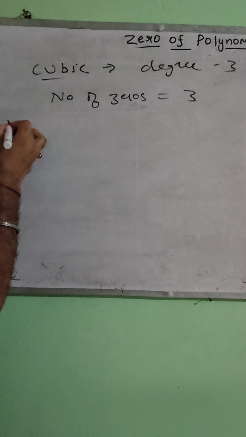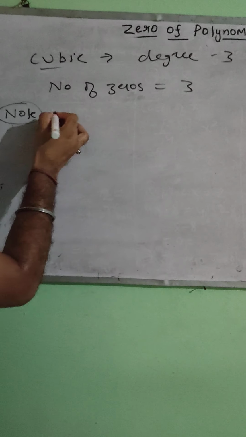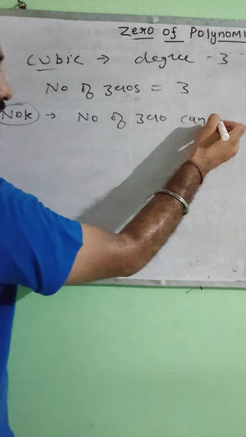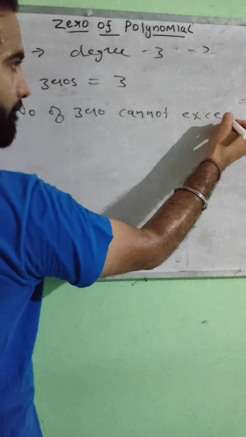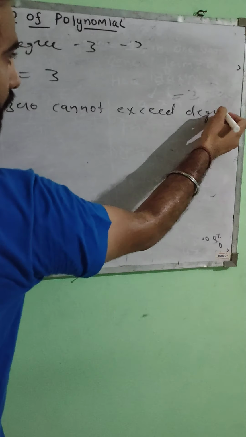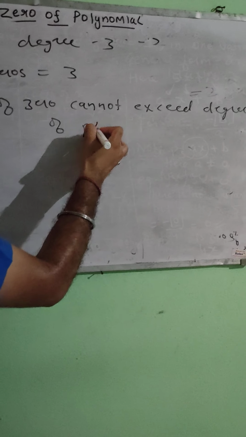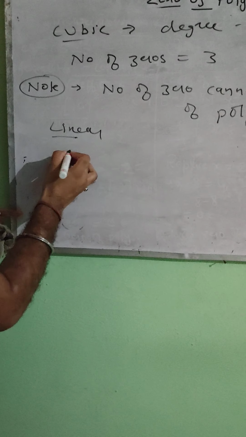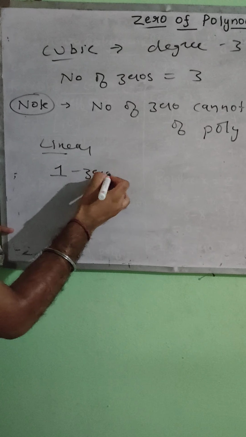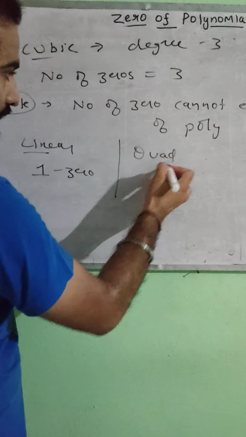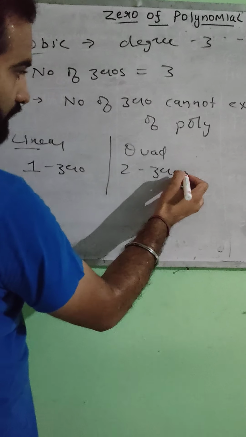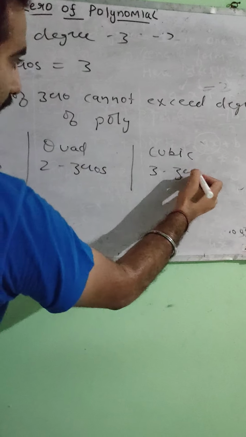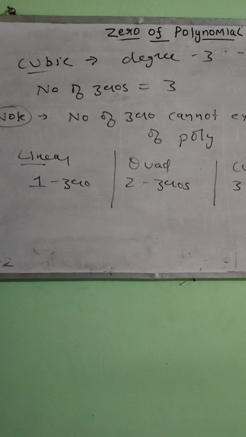Or finally, we can say that the number of zeros cannot exceed the degree of the polynomial. In linear, there was 1 zero. In quadratic, there were 2 zeros. In cubic, there will be 3 zeros. You can try by taking any example of a cubic polynomial.